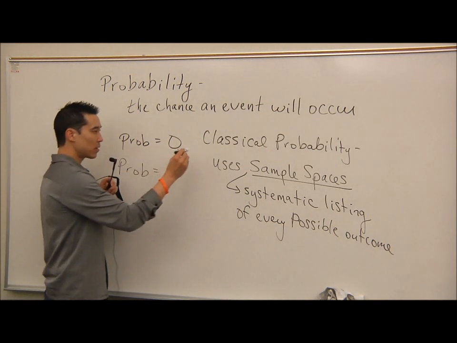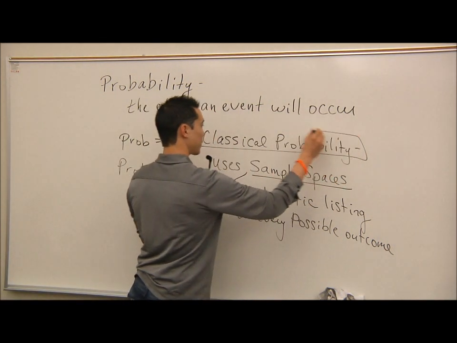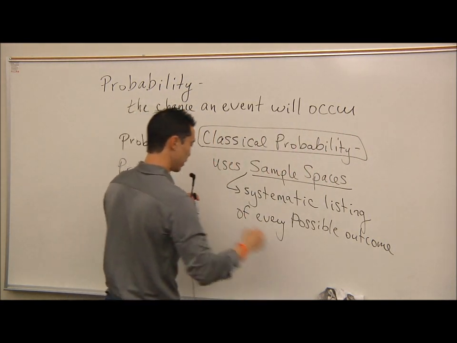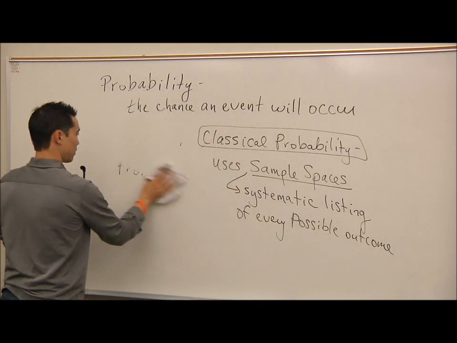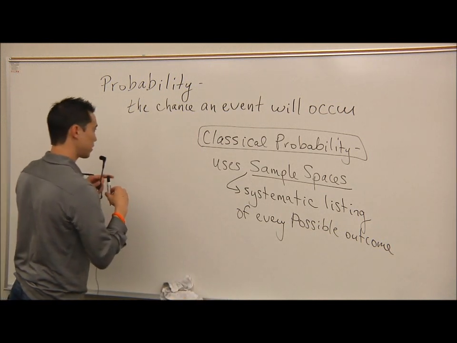And so how this goes back to classical probability is just a formula that looks like this.